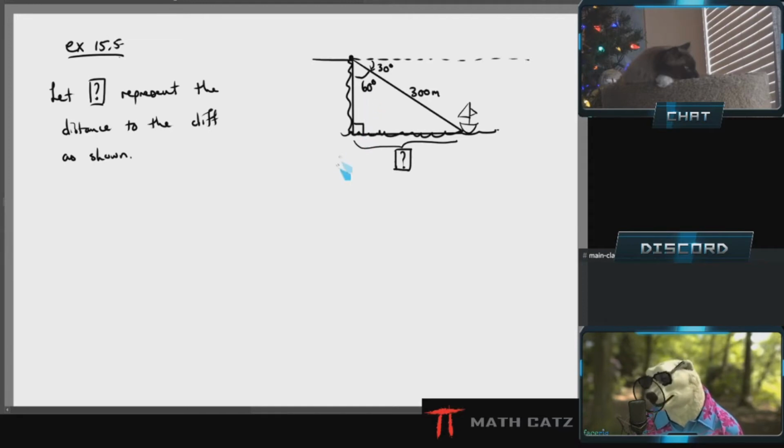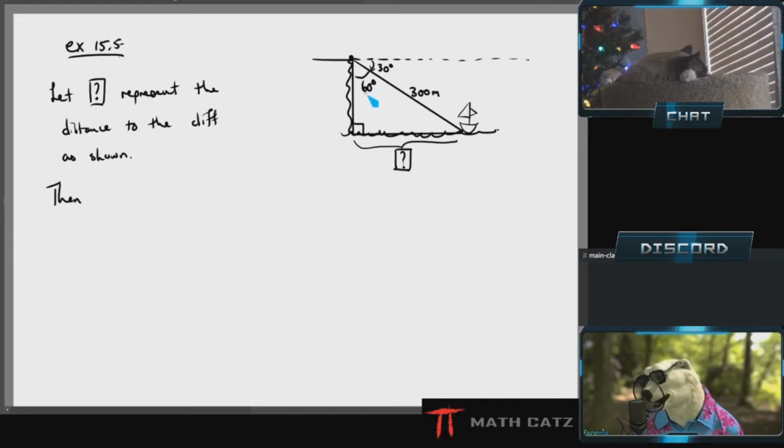I need an angle that's not the 90-degree angle. Okay, 60 degrees. Now, yes, the other one is 30 degrees, but let's just practice. I have to be able to use either angle. I have a 60-degree angle there. Let's use that one.